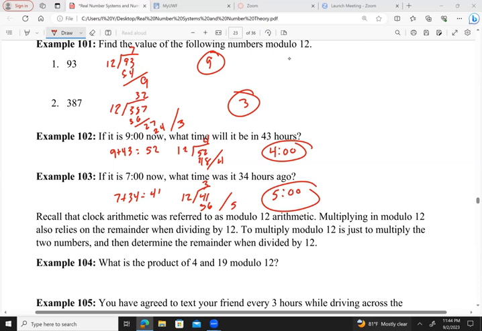Multiply modulo 12 is just to multiply the two numbers and take the remainder when dividing by 12. So what is the product of 4 and 19 modulo 12? 4 times 19 is 76. 12 goes into 76 6 times, 72. So the answer is 4.